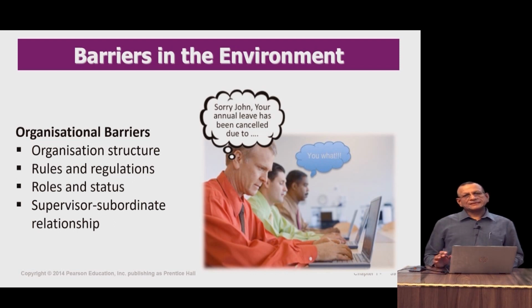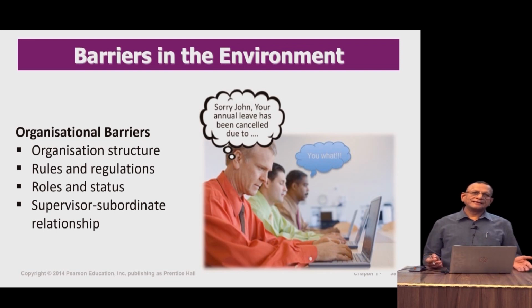Obviously, this has nothing but to do with only one aspect, that is the supervisor-subordinate relationship. Rules and regulations, role and status may not be allowing a particular kind of communication, but if the supervisor-subordinate relationship is healthy, then the communication will be easy.